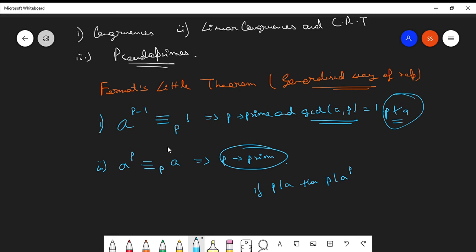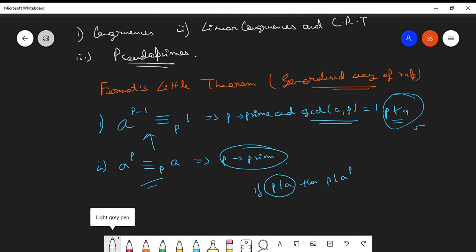So a to the power p is congruent to 0 mod p, and a is also congruent to 0 mod p. So this satisfies the condition when p divides a, and when p does not divide a, it is a direct result from the previous statement. So this is more generalized because the restriction is no more here. I think you people have understood it.